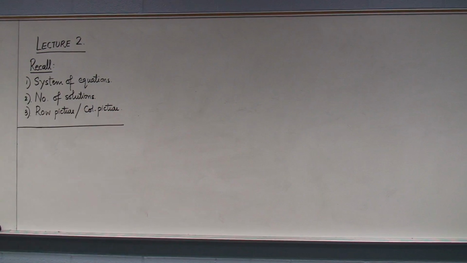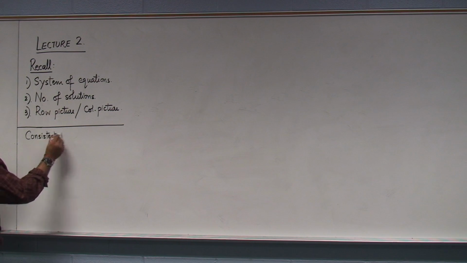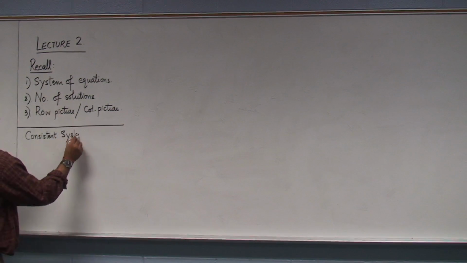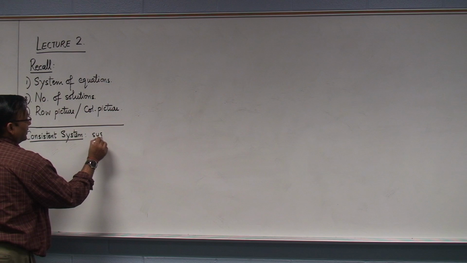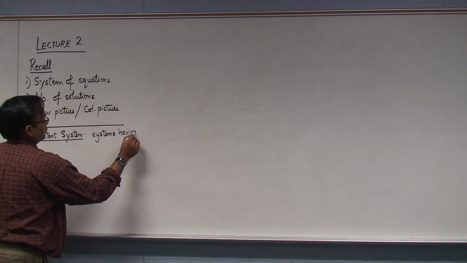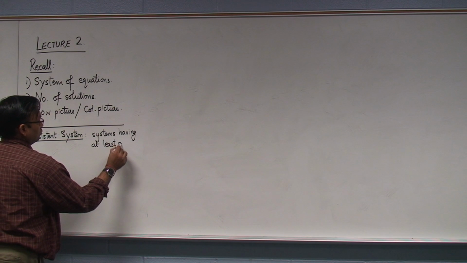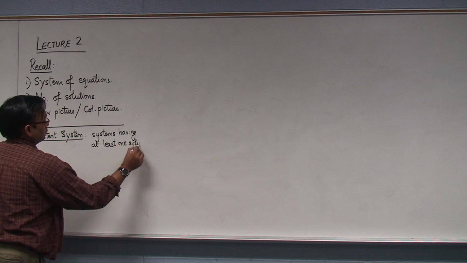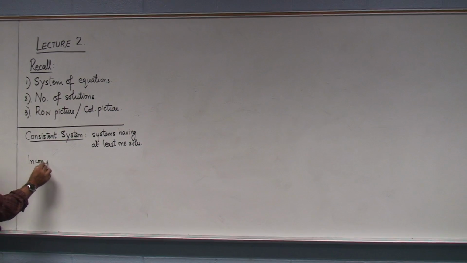equations. Now, before we do that, I'd like to introduce two terms. One of them is the consistent system. What it means is systems having at least one solution. And the other category is the inconsistent systems.